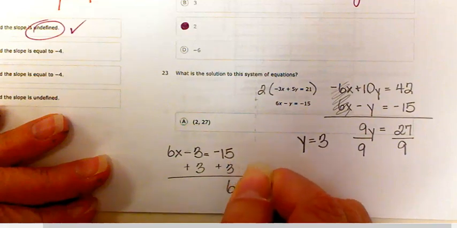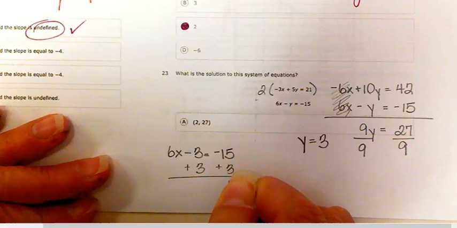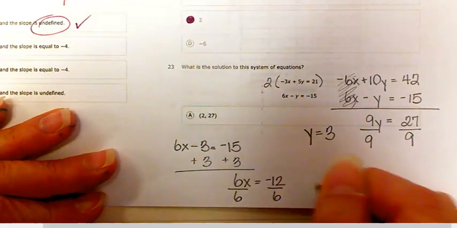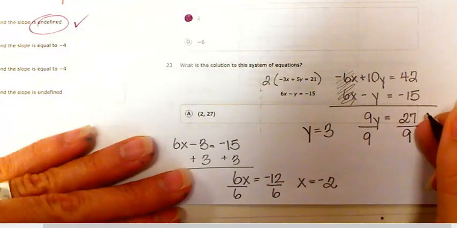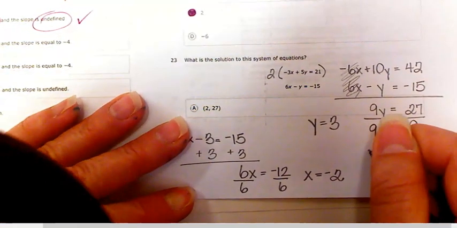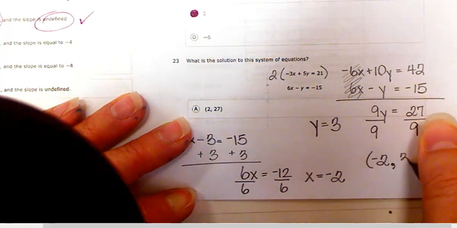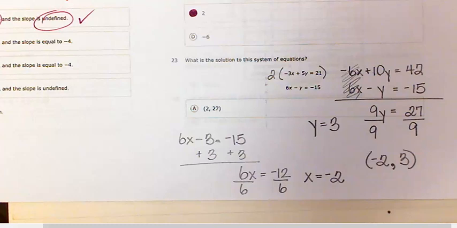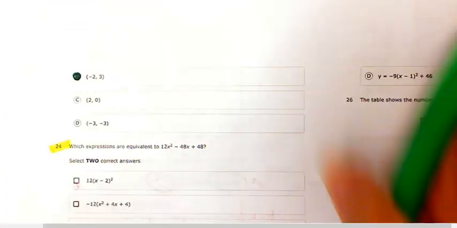I get 6x equals -12. Divide both sides by 6. X is -2. So if I'm going to put this in the form of an ordered pair, it would be -2, comma, 3. So let's look at our answers because it's not A. All right, and the answer choice we're looking for is right here, -2, comma, 3.